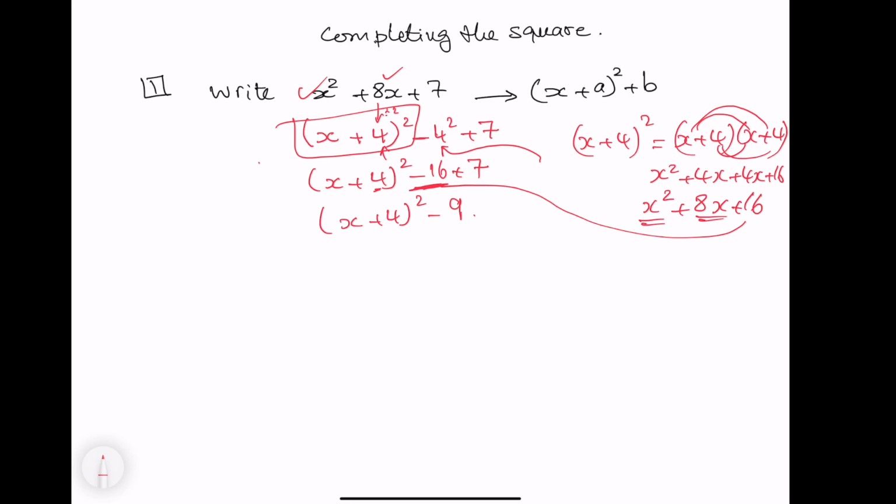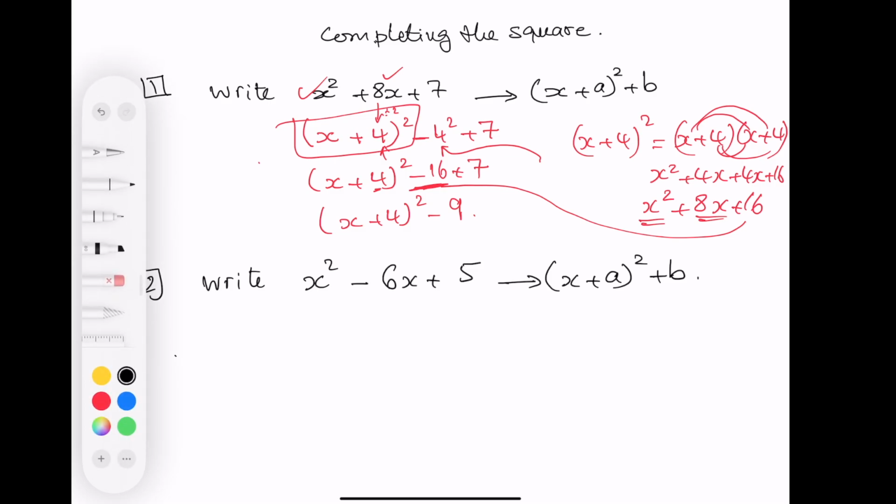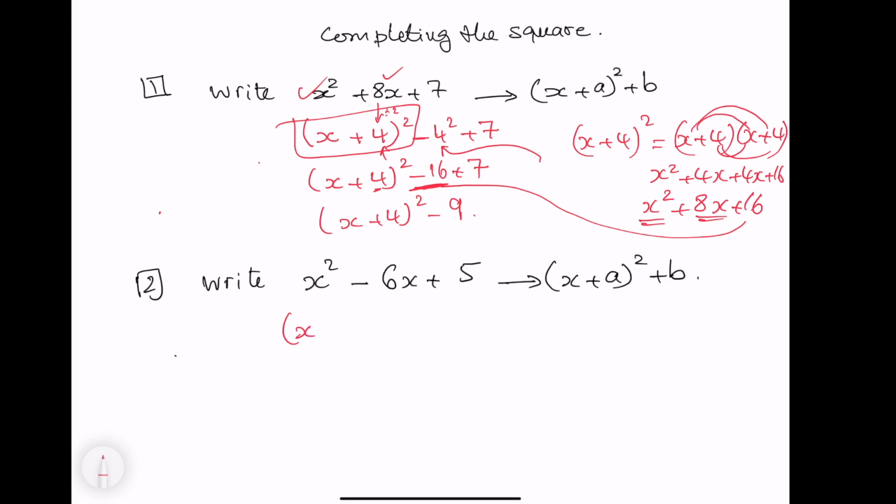So let's do another example. Write x squared, this time minus 6x plus 5, yeah? In the form of x plus a squared plus b. Okay, so again, you start by opening the bracket. So you do x, yeah?